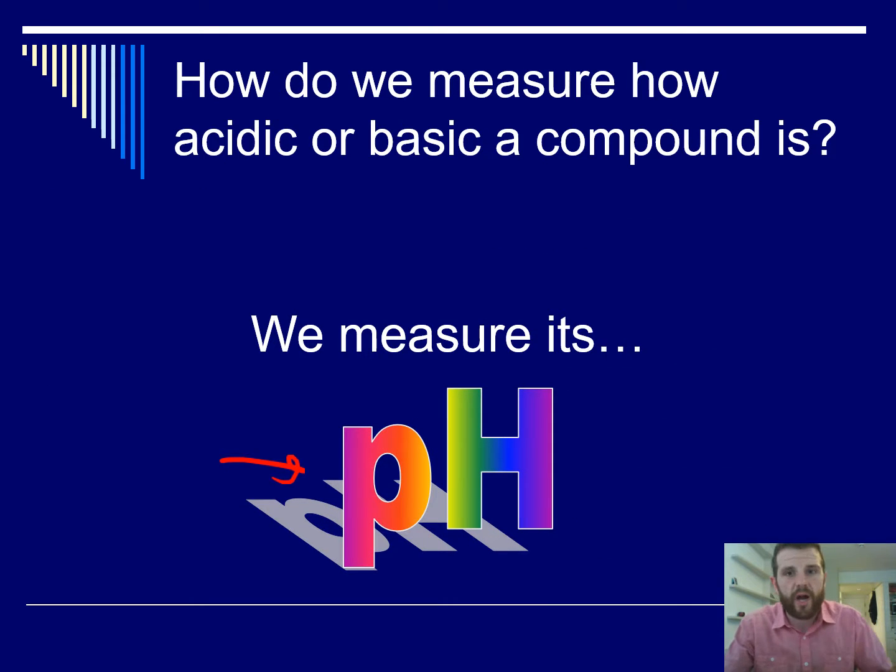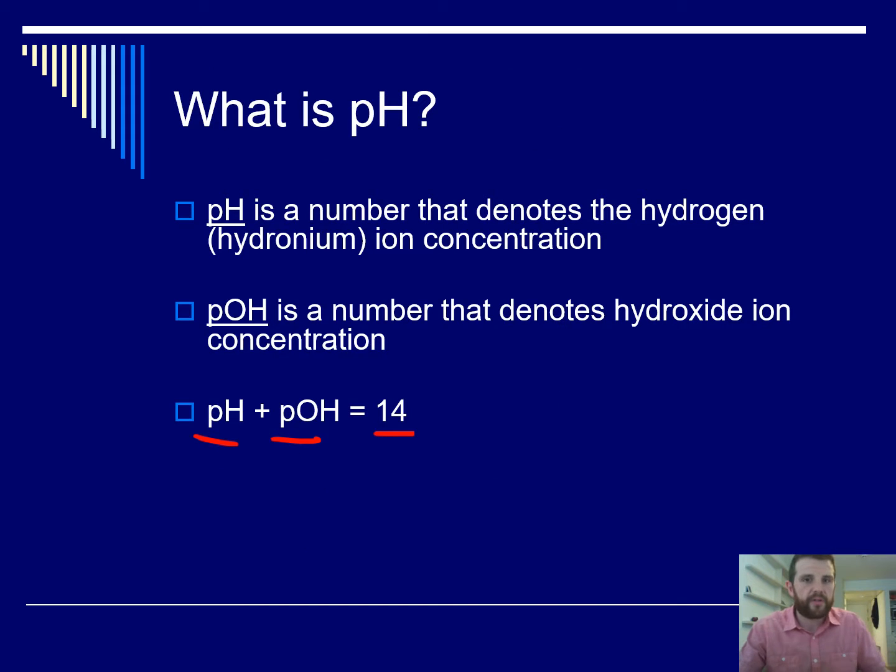Okay, so how do we measure how acidic or basic a compound is? We measure it with pH, and I'm sure a lot of us have seen this before. pH is a number that tells us the hydrogen or hydronium ion concentration, and pOH is the number that tells us the hydroxide ion concentration.